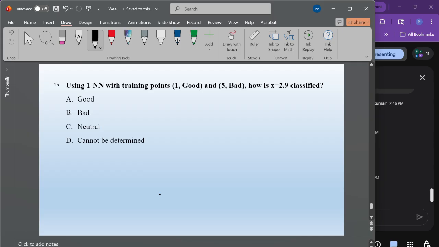Okay, so a new data point, that is x equal to 2.9, is given. It is a one nearest neighbor.